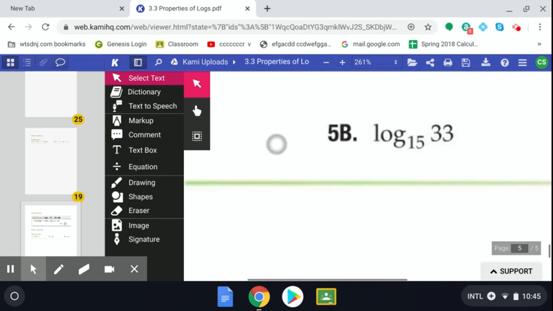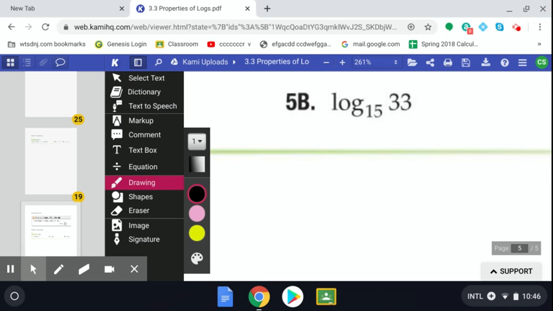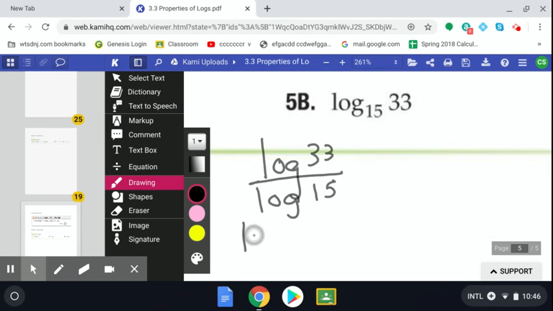All right, for 5b, change of base again. You can use natural log if you want, or common log. I am going to say that this can be evaluated as log 33 divided by log 15 on the calculator.